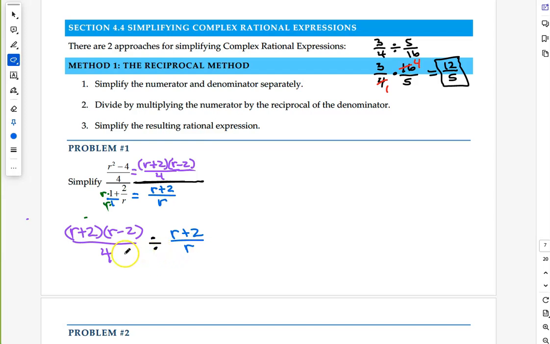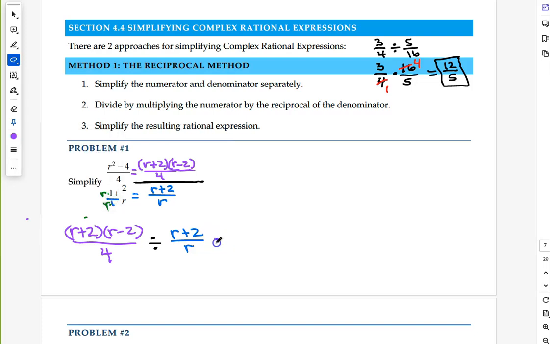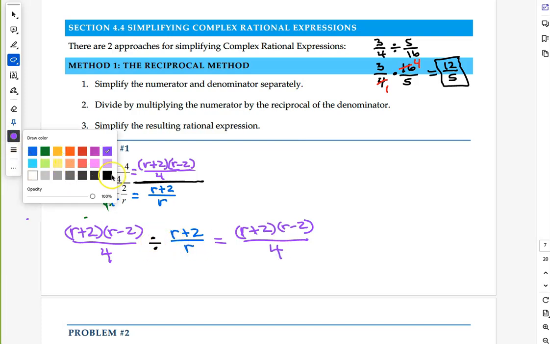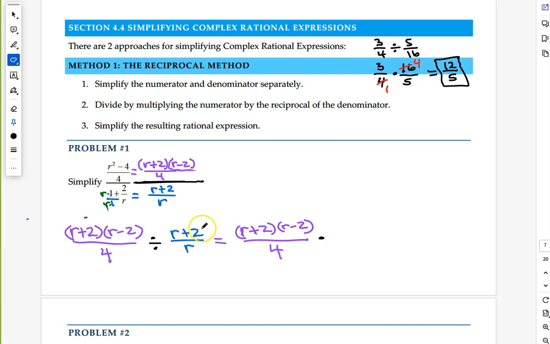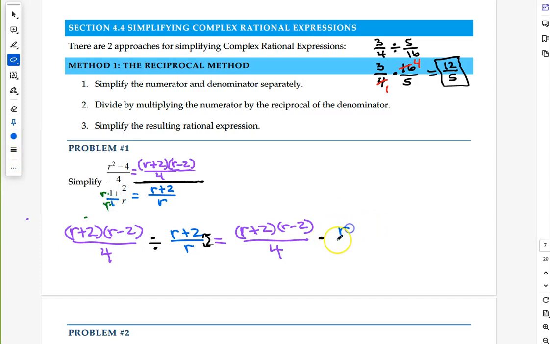Again, just like we did here, keep the first fraction just like it is: r plus 2 times r minus 2 over 4. Then instead of division, I put multiplication, and I flip that second fraction. So now I have r on the top and r plus 2 on the bottom.